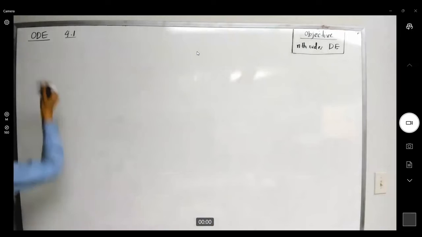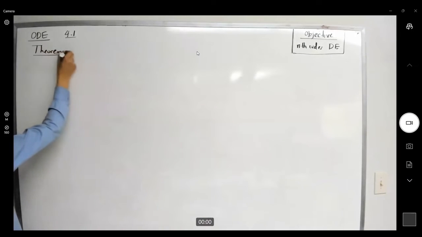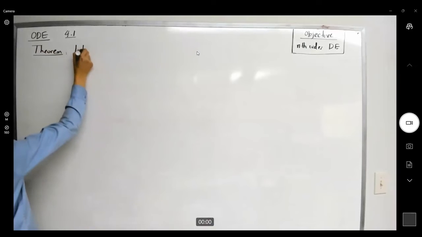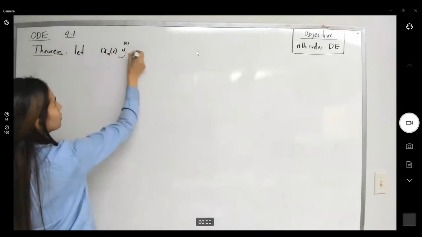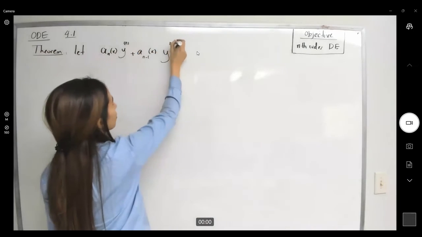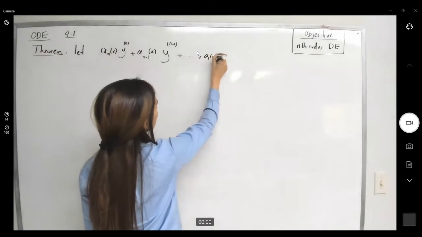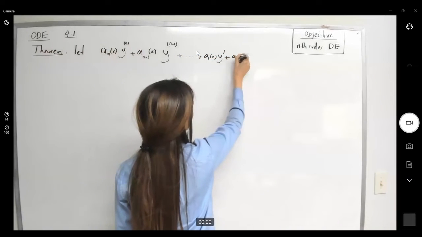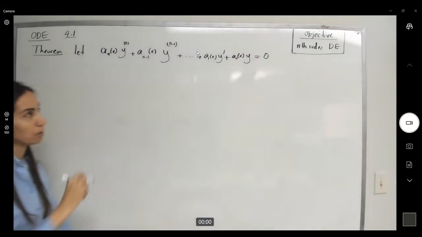This theorem says, let a sub n of x times the nth derivative of y, plus a sub n minus 1 of x times the (n minus 1)th derivative of y, plus the middle terms, plus a1 of x times the first derivative, plus a sub 0 of x times y equal to 0.